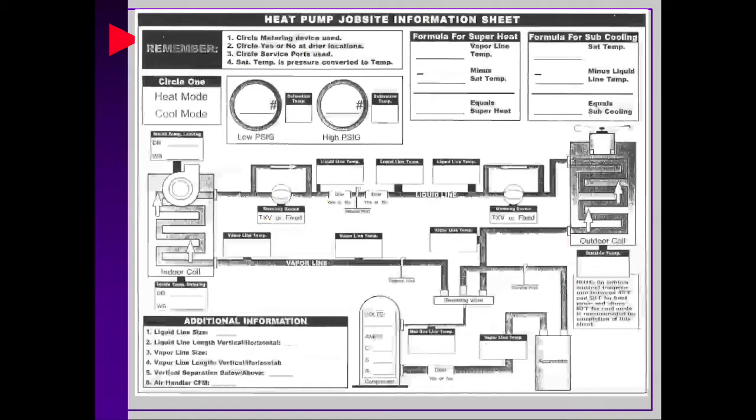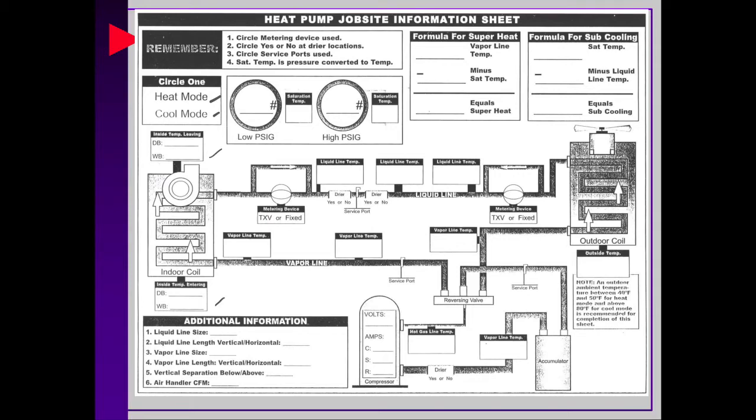In this particular image, I'm showing you a heat pump job site informational sheet. This is one example where we're showing temperatures. You'd have to identify what the problems are, or are you in the heating mode, or the cooling mode? What's your entering and leaving conditions in the indoor coil?